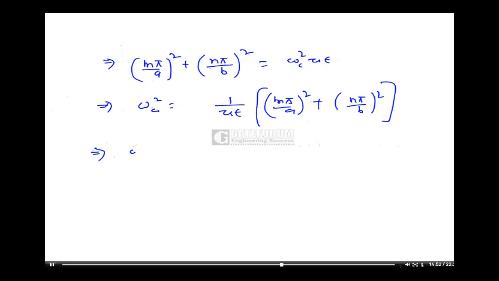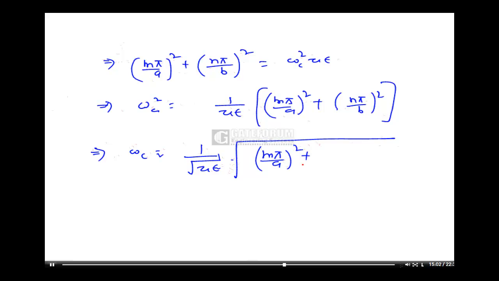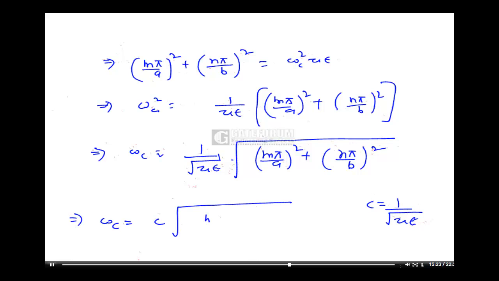So omega c is equal to 1 by square root of mu epsilon into the square root of (m pi by a) whole square plus (n pi by b) whole square. But 1 by square root of mu epsilon, for free space, is c. Therefore omega c is equal to c into the square root of (m pi by a) whole square plus (n pi by b) whole square.